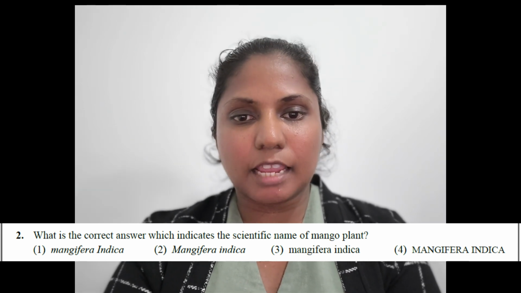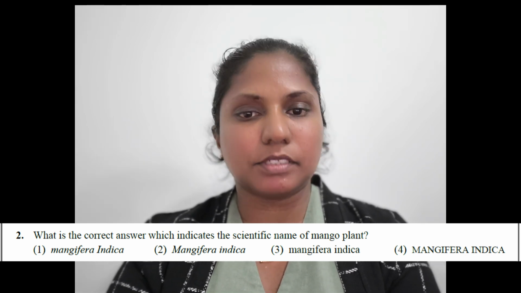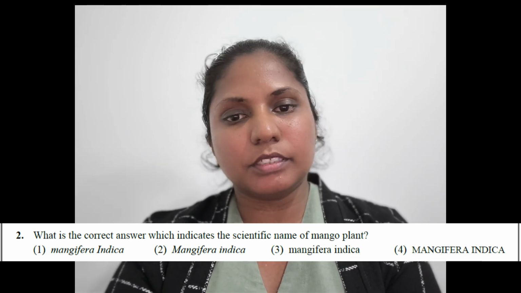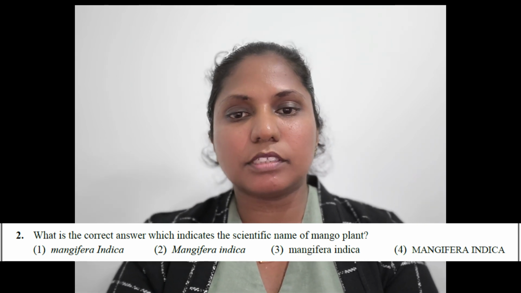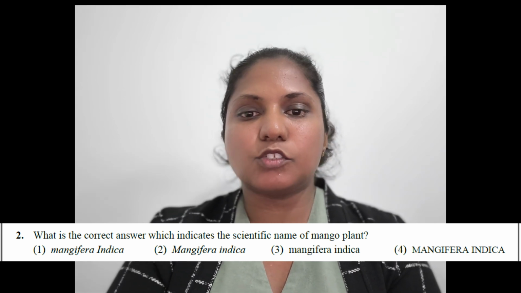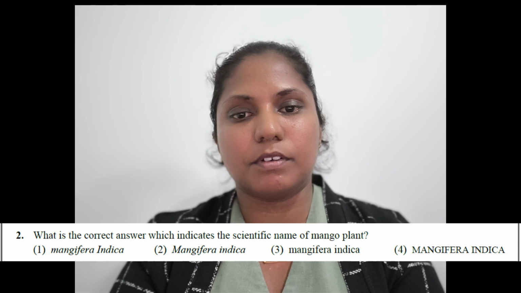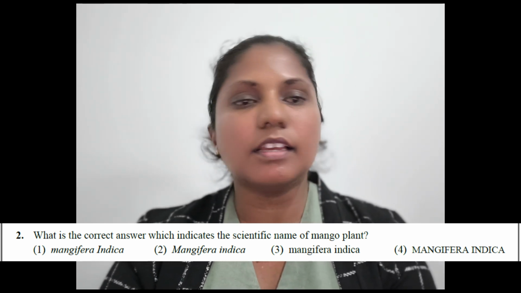A scientific name has 2 components. The first component starts with a capital letter. The second component starts with a simple letter. The rest of the letters should be written in simple letters, and finally all the letters should be written in italic form. So according to this, the answer should be number 2.